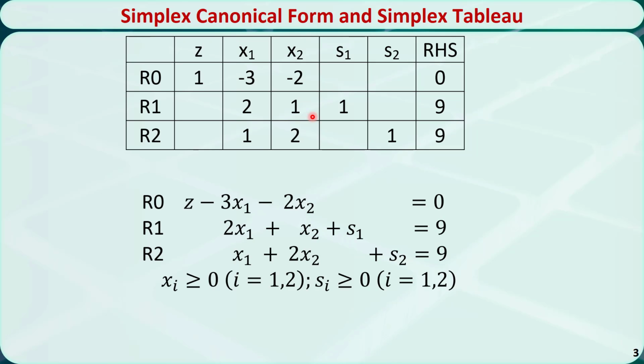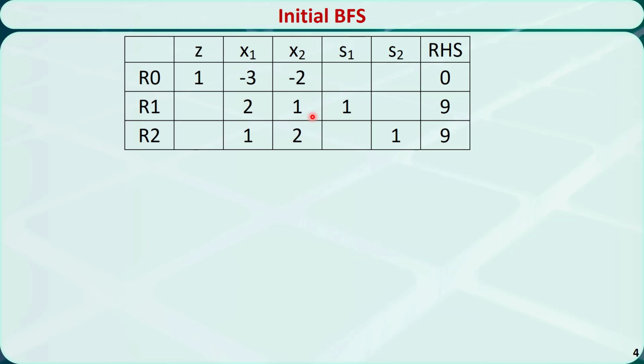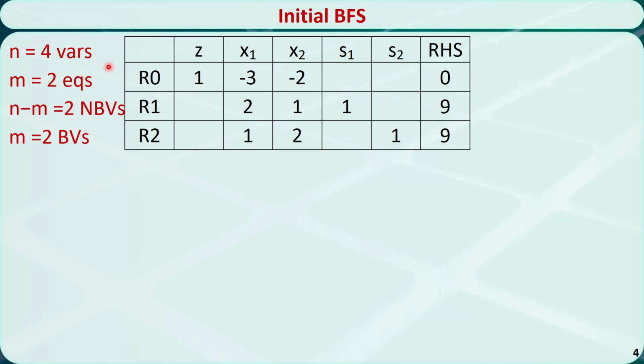If we do not count z, we have n equal to 4 variables, x1, x2, s1, and s2. We have m equal to 2 constraints. Therefore, we can set n minus m equal to 2 non-basic variables to 0, and solve for the remaining m equal to 2 basic variables.